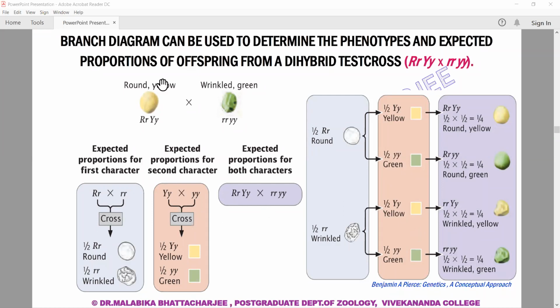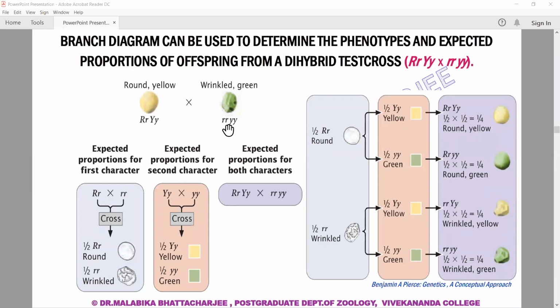So this is how, by getting the individual ratio proportions of the crosses of the two characters and combining them, we get the cumulative ratio of how the progenies will appear in this cross of round yellow into wrinkled green. Just keep in mind that this wrinkled green seed is homozygous recessive for the morphology of the seed, that is the seed coat is wrinkled.